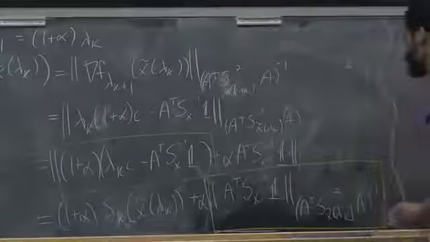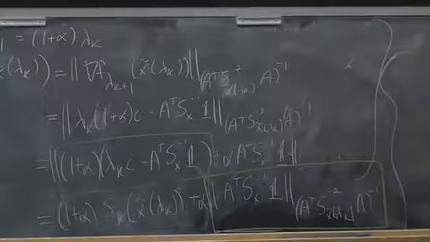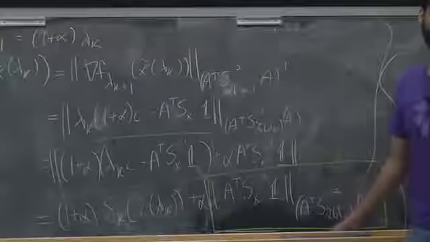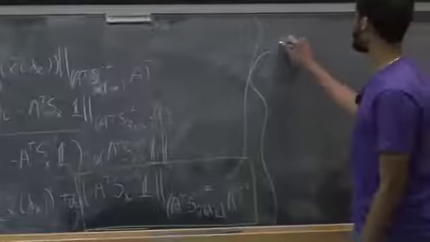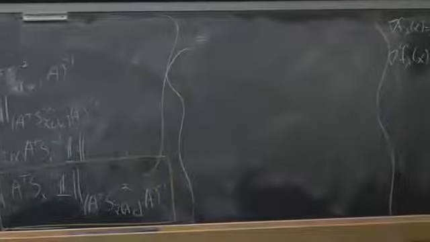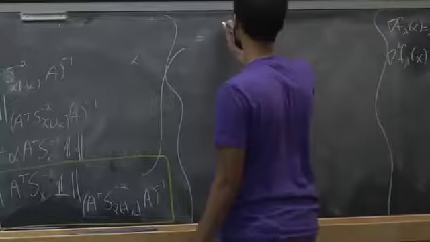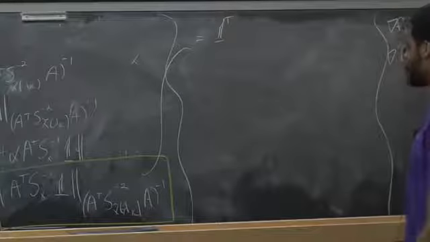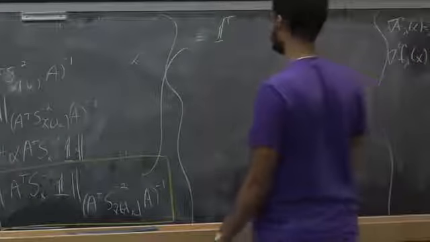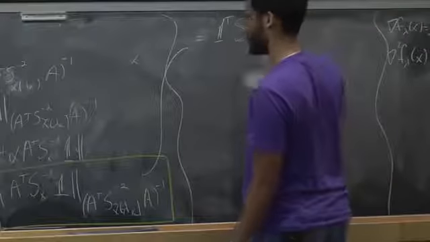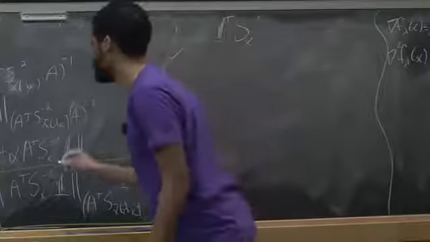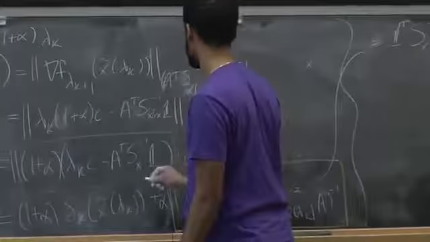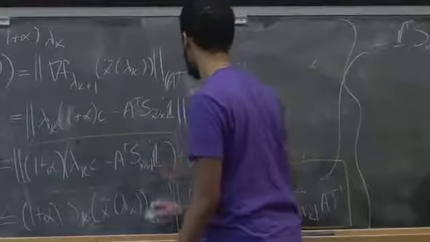So what is it equal to? Well, let's expand what it means to take a matrix norm like this. This is equal to 1 transpose S_x inverse. This is all x. X here, remember, is x tilde lambda k. All these x's are x tilde lambda k.